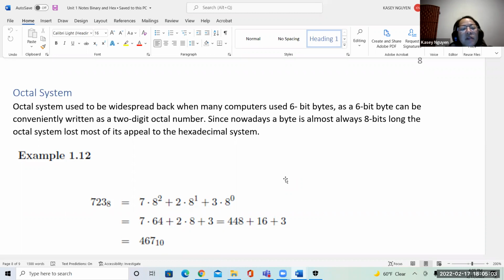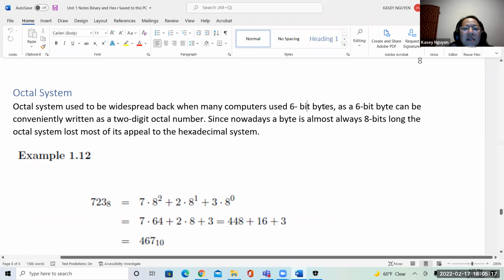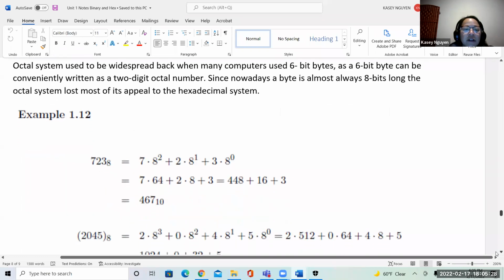The difference between octal and hexadecimal is that octal only uses 3 bits in a byte, whereas hexadecimal uses 4 bits in a byte. And sometimes you also see systems that use 6-bit bytes and also 8 bits. So that is on the older architecture.